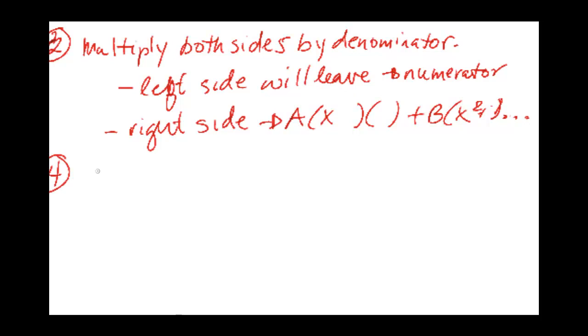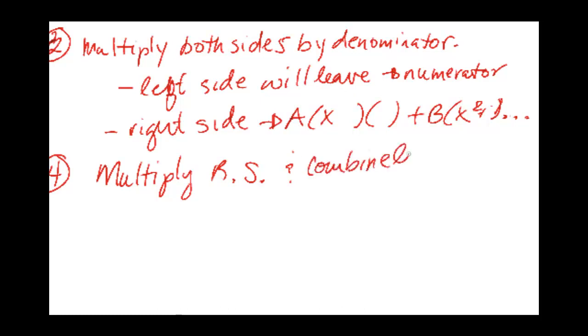Step 4 will be to multiply out completely and group the like terms on the right side. So multiply the right side and group like terms. You won't ever have any like terms to combine because of these A's and B's, right?